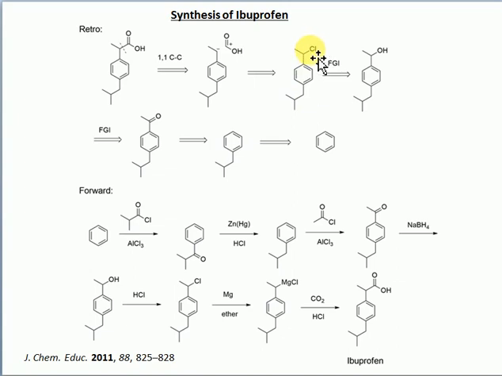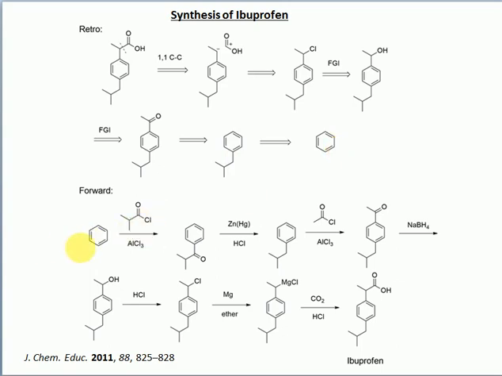Here it is taken as alkyl chloride. This alkyl chloride can be synthesized from alcohol. The alcohol can be obtained from the carbonyl compound. The carbonyl compound can be obtained from acylation via the Friedel-Crafts reaction, and this benzene derivative with the alkyl substituent can be obtained from benzene.